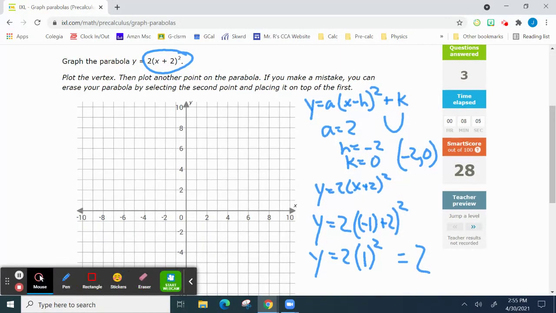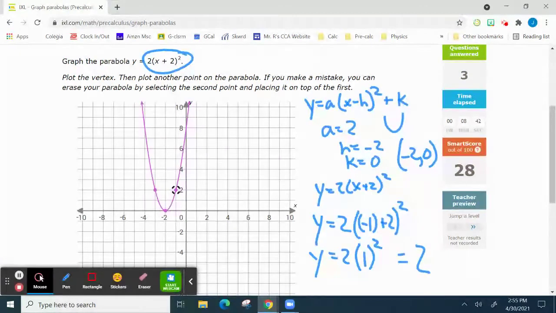Our vertex is at negative 2 comma 0, so it's right there. And when x equals negative 1, y equals 2. So negative 1 and 2, right there. Does that make sense? Yes, it does, because it's a y equals x squared, so it's going to be up and down. And a is positive, so that's good.